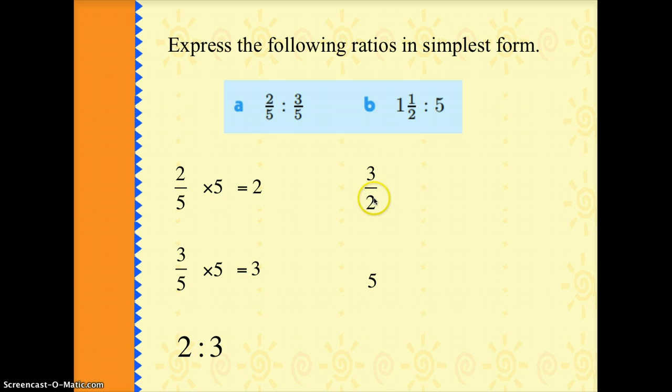Our denominator is 2, so I'm going to multiply this by 2. If I multiply this by 2, I am also multiplying this by 2. Using cancellation, 3/2 times 2 is equal to 3. 5 times 2 is equal to 10. So our ratio in simplest form is 3 is to 10.